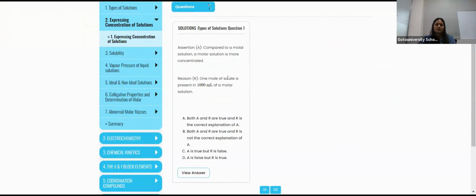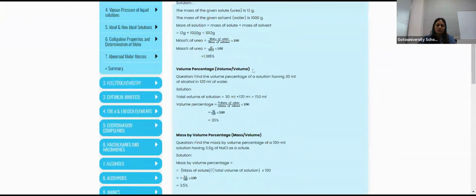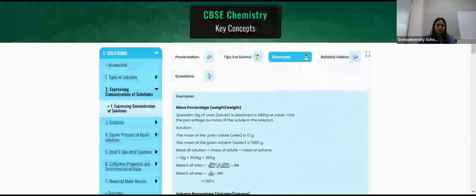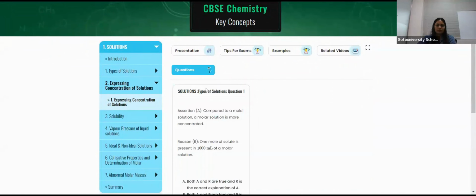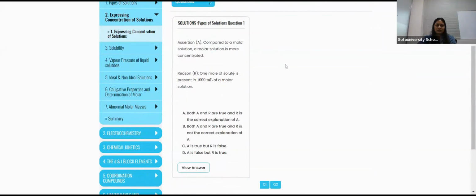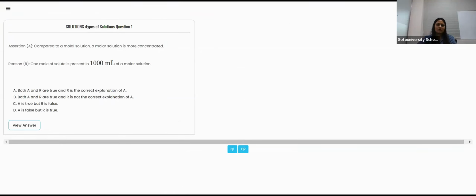We did an assertion reasoning question relating to this, the examples that we solved, right? Right. I want you to practice this assertion reasoning question again that we discussed yesterday.